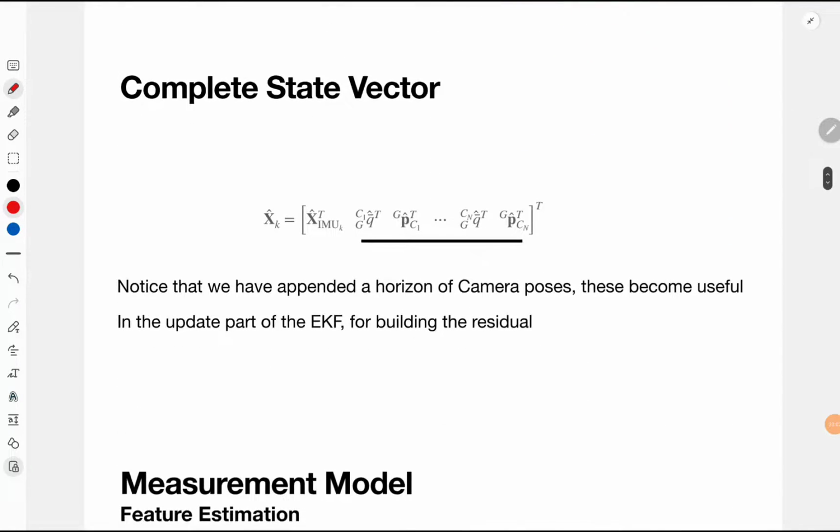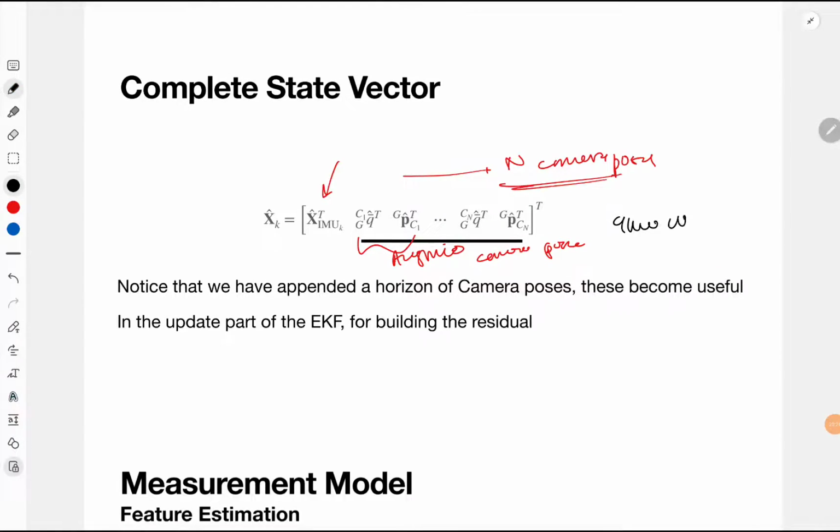So this would be your entire state vector. This is the IMU state vector we saw earlier, and these are all augmented camera poses, and here you have augmented n camera poses. So these are important as they will play a vital role in the measurement model, and we'll see what that is.